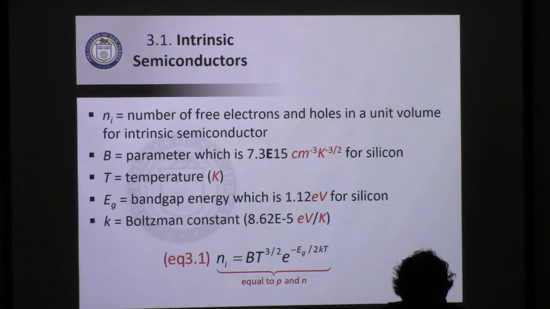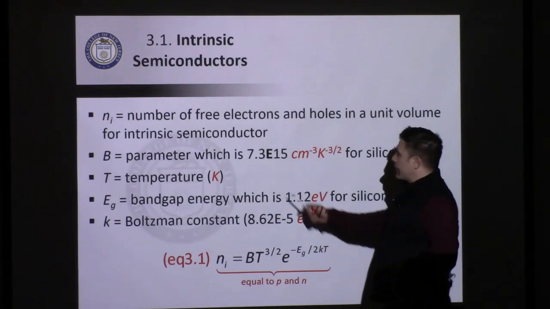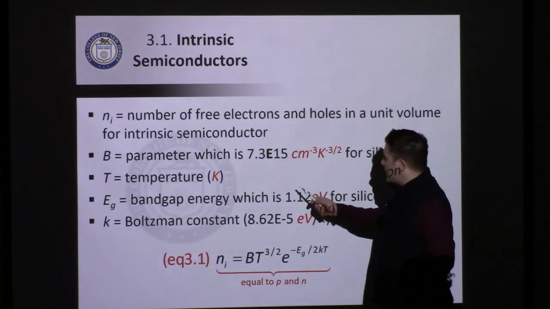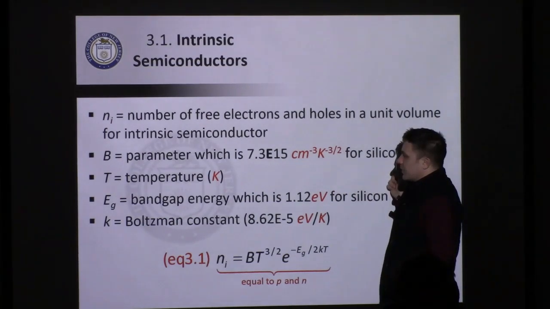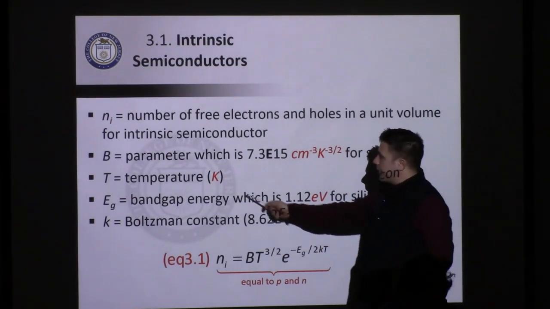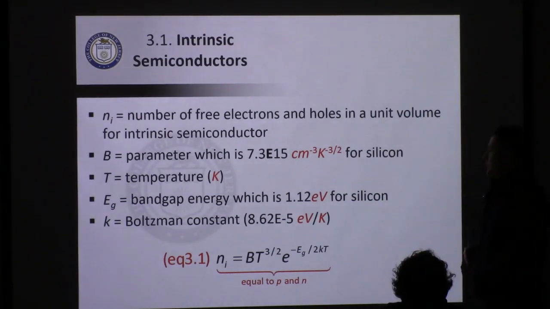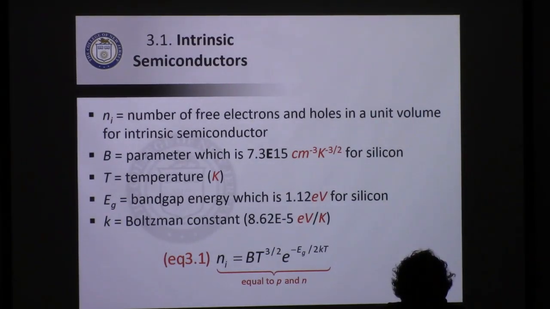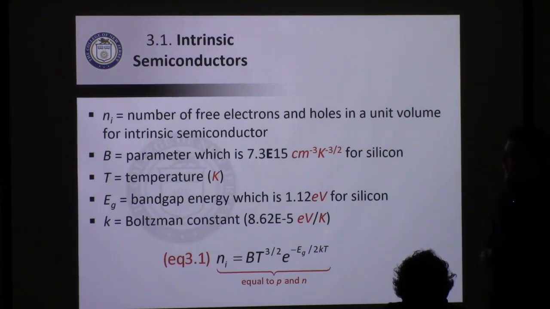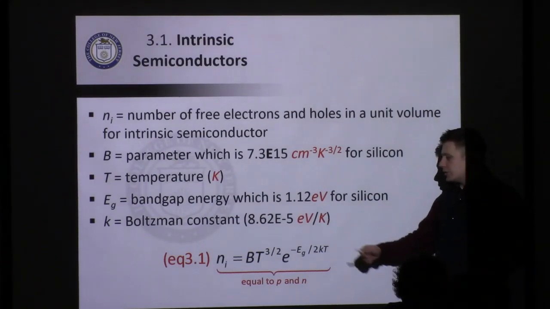So we have a constant, which is 7.3 times 10 to the 15, with these units for silicon. Temperature in Kelvin. Eg is the band gap energy constant, which is 1.12 electron volts for silicon. And K is the Boltzmann constant, which is also shown.